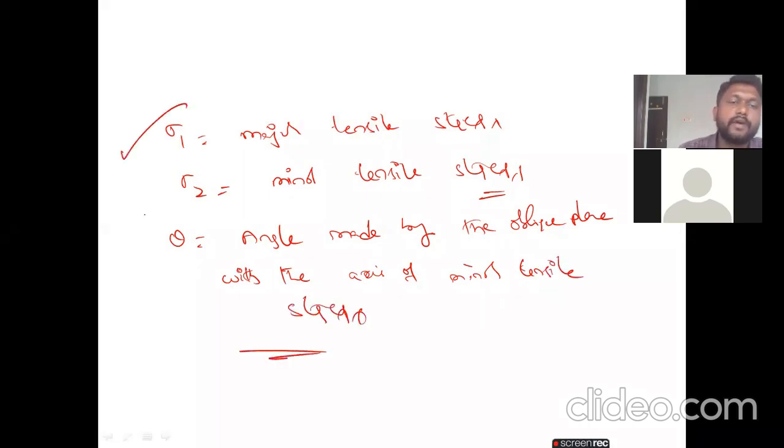So major tensile stress, minor tensile stress, and theta is the angle made by the oblique plane with the axis of minor tensile stress.